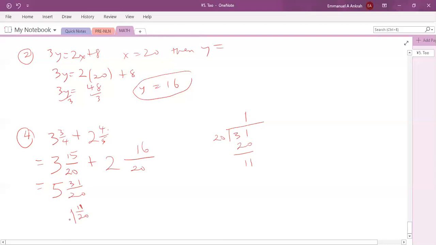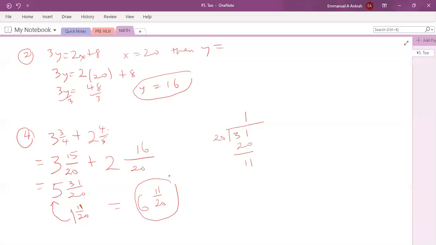So we have to add the 1 to the 5. So now this becomes 6 whole numbers, and the fraction left to be 11 over 20. So this is what you get. 6, 11 out of 20. Okay. So remember, adding and subtracting fractions, you need the LCD. Okay.